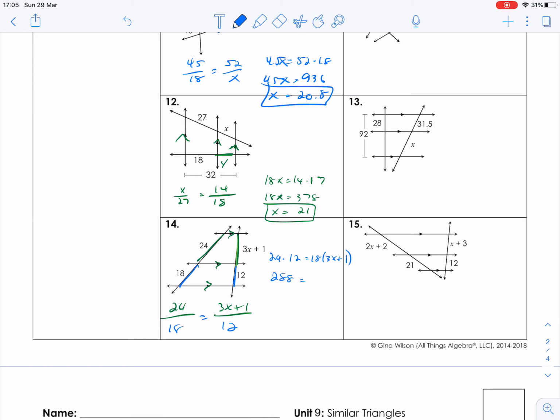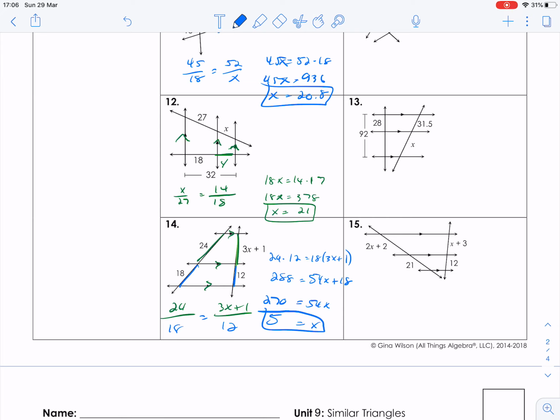Distribute. 18 times 3 is 54x plus 18. We get 54x equals 270. X equals what? We divide both sides by 54. 270 divided by 54 is going to be 5. Nice.